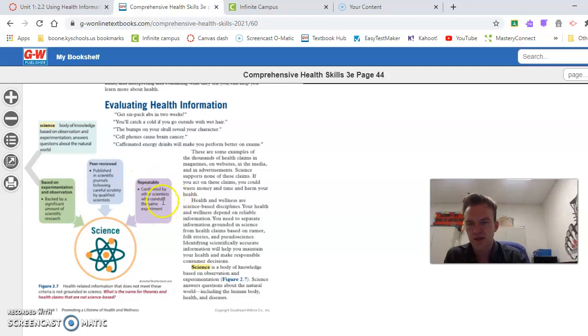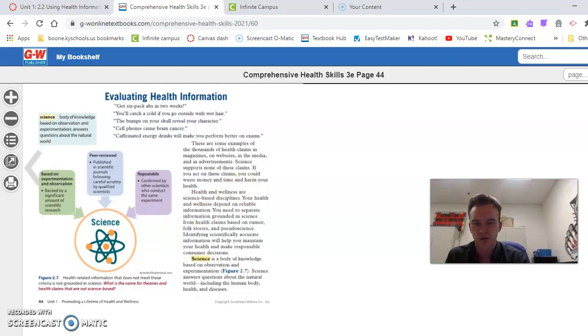Repeatable, it has to be confirmed by other scientists who conduct the same experiment. So if I come on and I make a statement, they have to be able oftentimes to do the same experiment again and see that they came out with the same results. Okay? Because there's weird variations that happen. If you can't repeat it to where it's consistently the same result, then it's not really science. It's just kind of a chance thing.